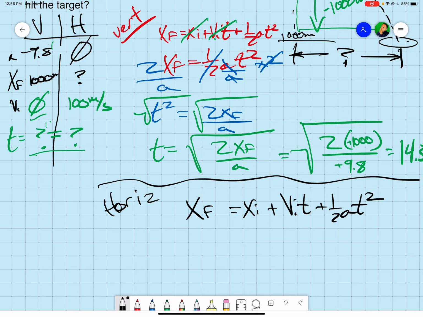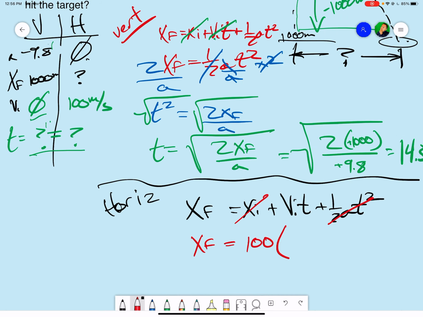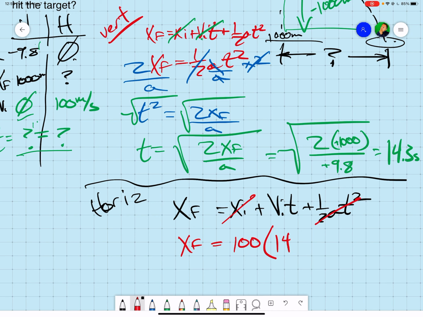Don't put in 9.8 there. Okay? Initial position, again, is always 0, really. So all we have is XF equals VI times T. My initial velocity was 100, and my T, we just figured out, was 14.3. So we get 1,430 as my final answer in meters.